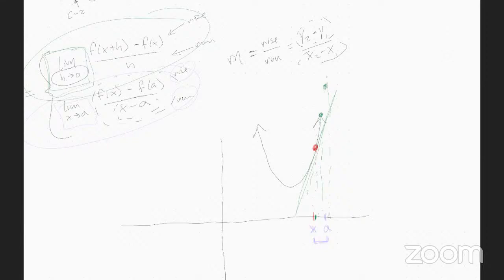So it's either h goes to 0, which means h is getting closer to x, or x goes to a, which means a is getting closer to x. Either way, it's getting closer and closer and closer. And what are you finding? You're finding the slope of the tangent line.